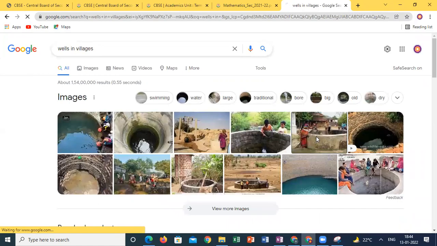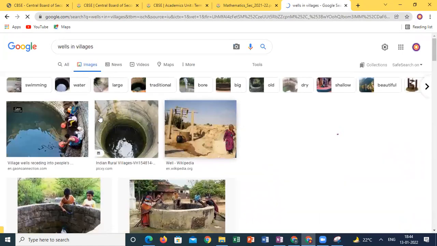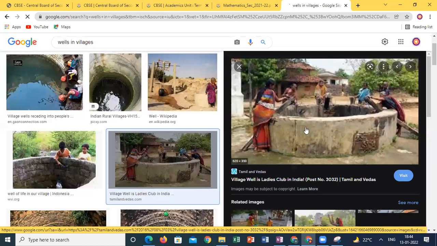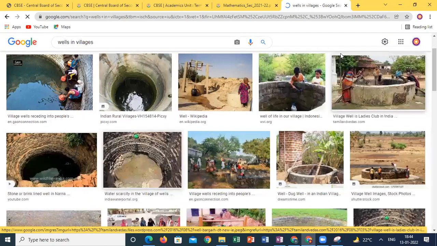You can see this embankment. This construction is called an embankment. Hope you are clear what is meant by embankment. Shall I move to the question?